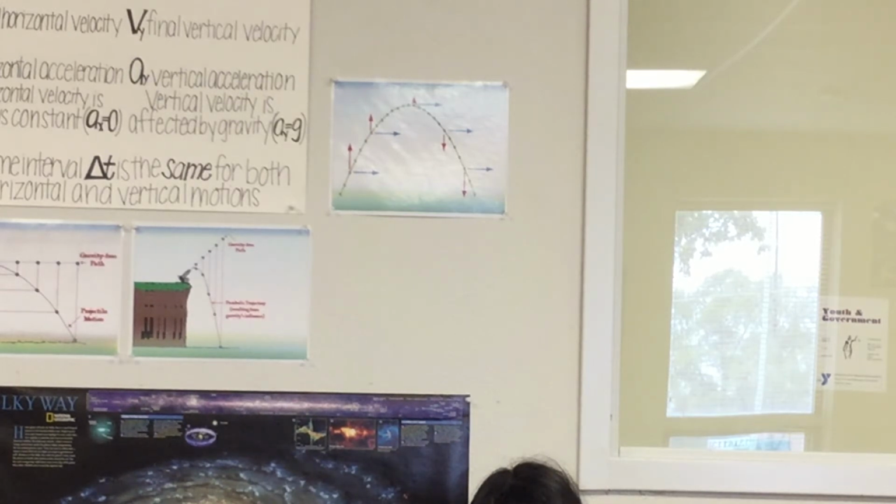Because you're accelerating in the negative direction. So your velocity is going to go like a positive 10, then a positive 8, then a positive 6, then a positive 4, then a positive 2, then a 0 vertical velocity, then a negative 2, negative 4, negative 6, negative 8. Is there acceleration in the y direction? Yeah. What causes it? Gravity.